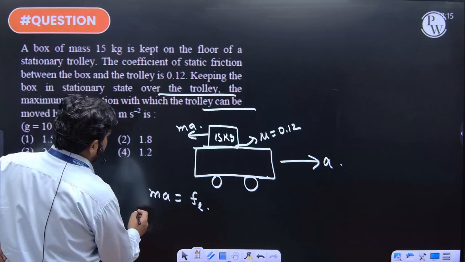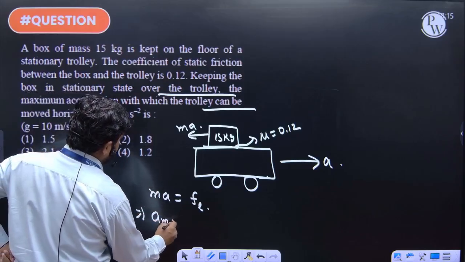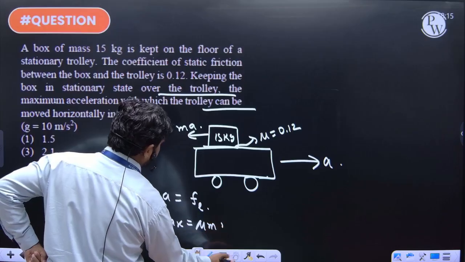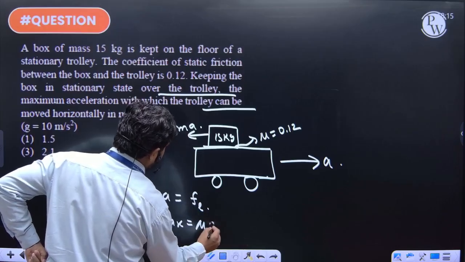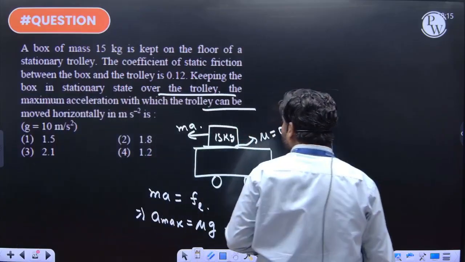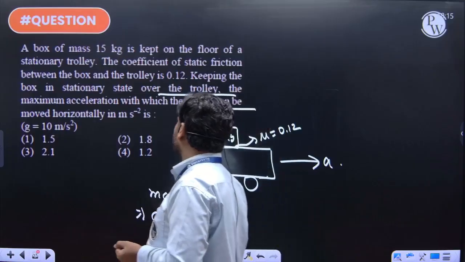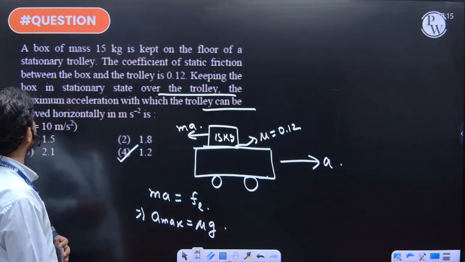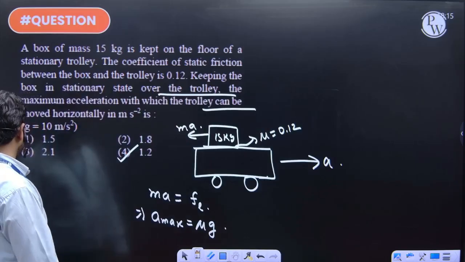So the maximum acceleration, a max, is equal to mu into g. How much will it become? 0.12 into g, 10. So 1.2. Option 4.